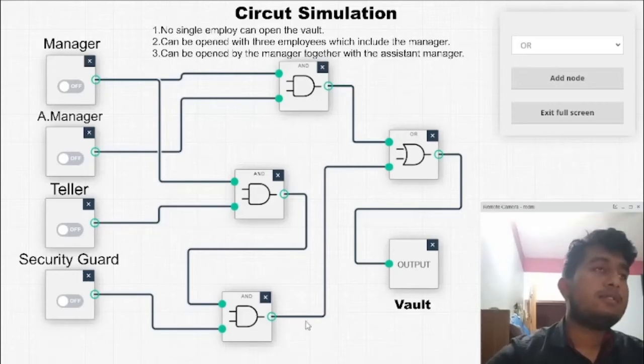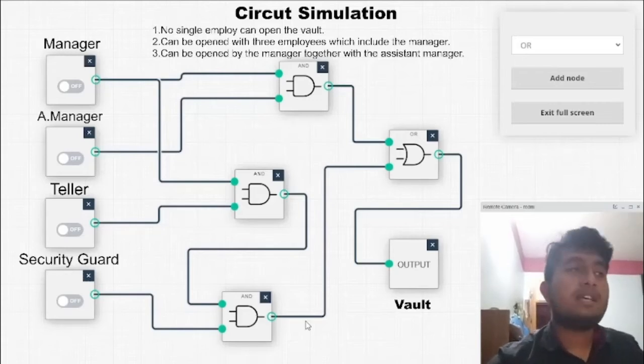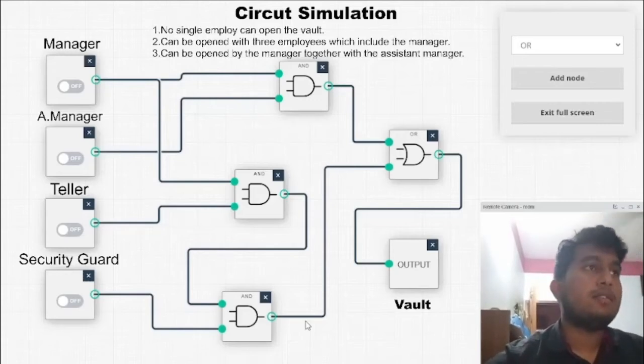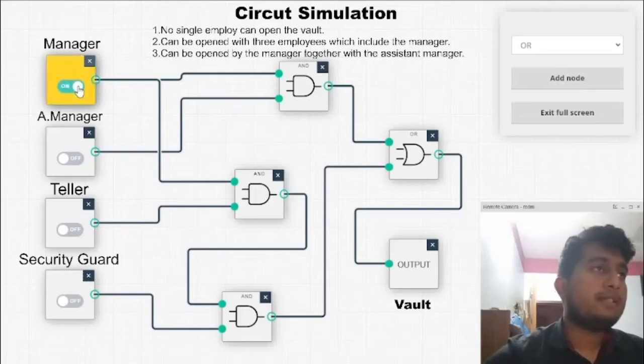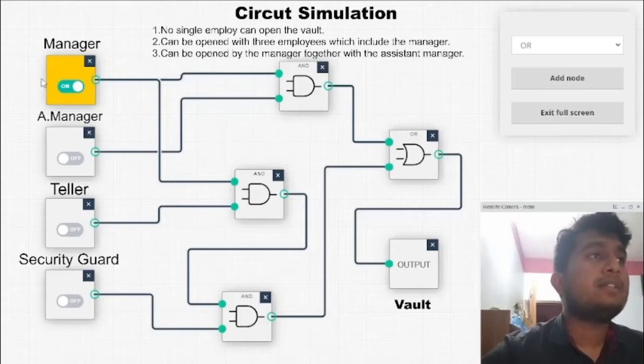So our second condition is this vault can be opened with 3 employees, which include the manager. That means the manager must be present, and we turn on the manager, and of the rest of the 3 members, 2 members must be present with the manager.